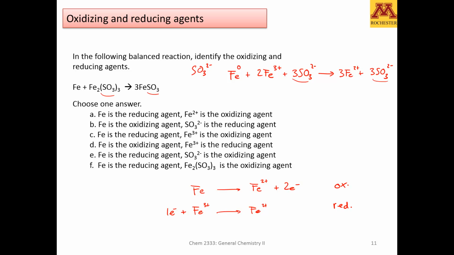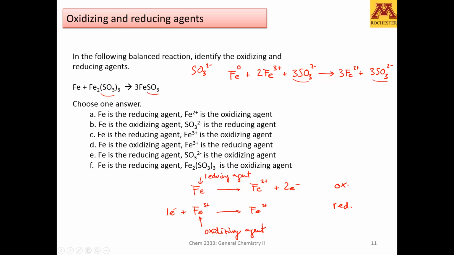So let's try to answer what the possible choices are. Iron oxidizes, this means iron, because it oxidizes, is my reducing agent. Careful with this terminology. Iron increases its oxidation state, we say that it oxidizes. Iron 3+ reduces its oxidation state, and therefore because it reduces, we call this the oxidizing agent, excuse my spelling.